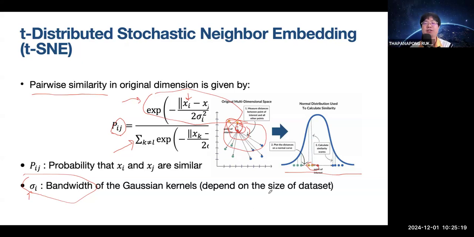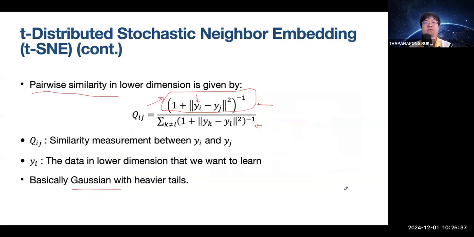And it will depend on the size of the data, right? If your dimension is high, then you might want to increase the bandwidth. But if your data is closer to each other, you can reduce the bandwidth. But in lower dimension, you don't actually need to control much.